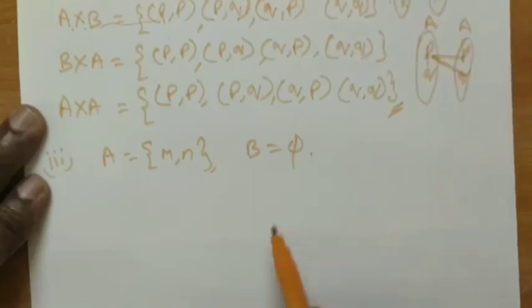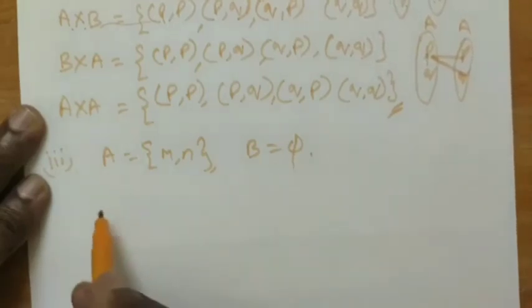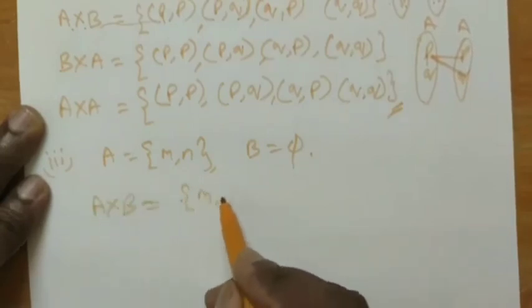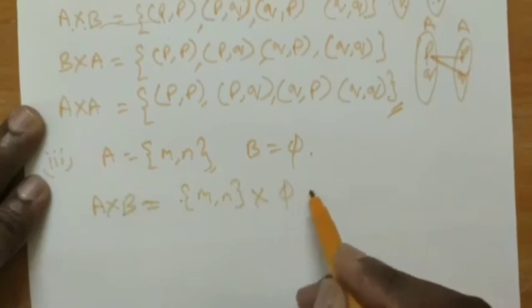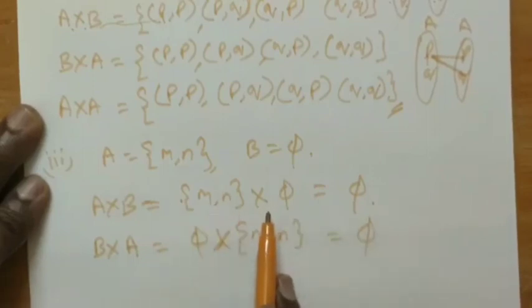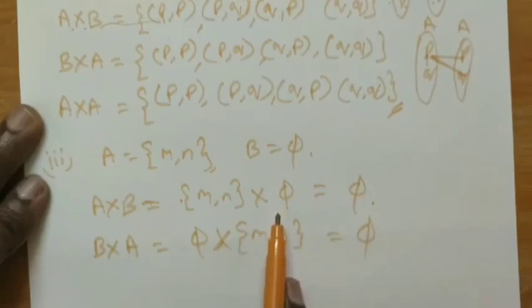Here one of the sets is empty, so A cross B is equal to {M, N} into phi, which is equal to phi. And then B cross A is equal to phi into {M, N}, which is also the phi set. If one of the sets is empty, then we get the result as empty.